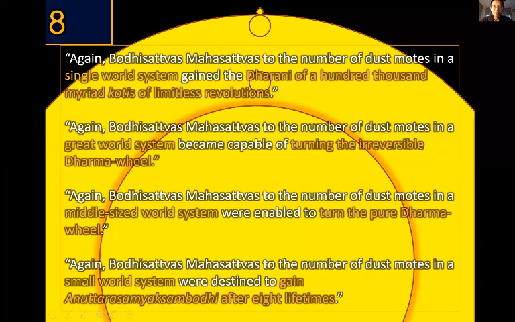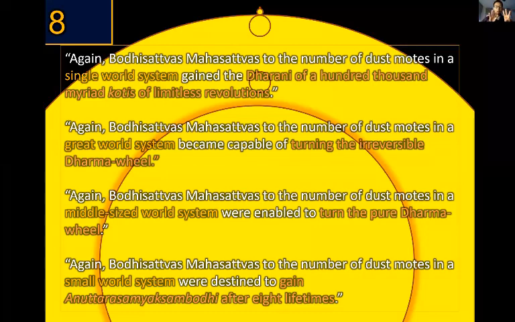Continuing on, there are many other different groups, like these four continents of people who will gain Anuttara Samyak Sambodhi in 4 lifetimes, and these 3 sets of 4 continents who will gain it in 3 lifetimes.